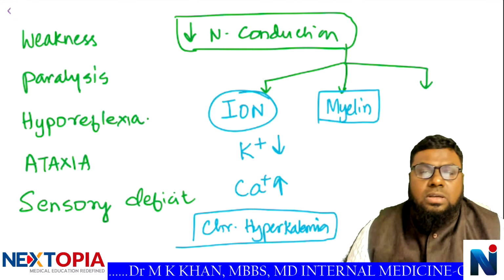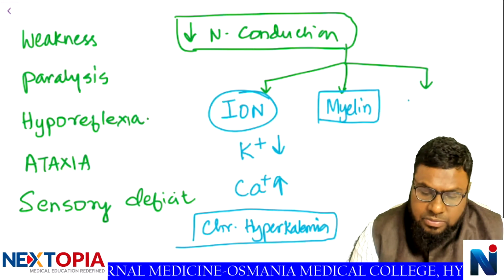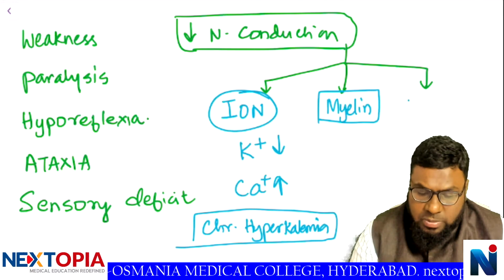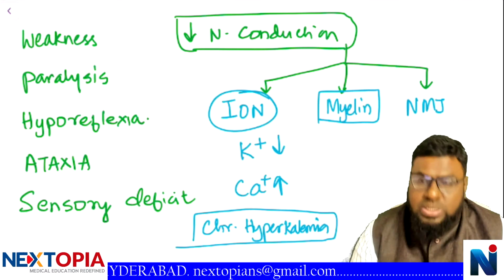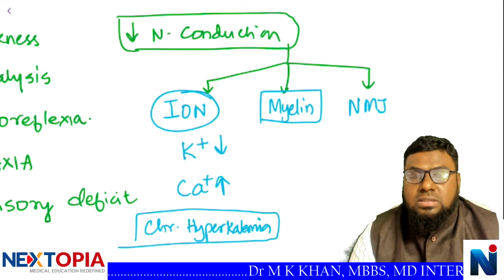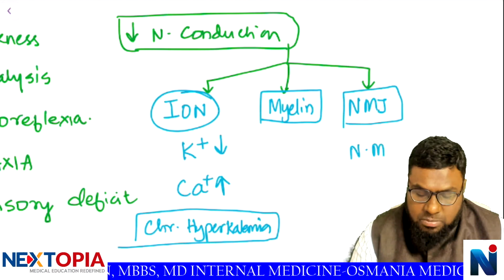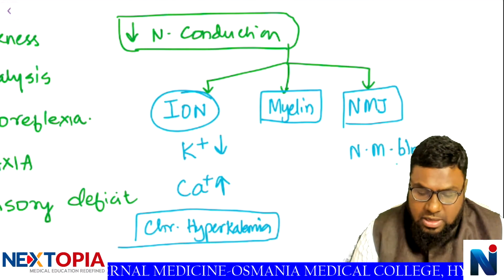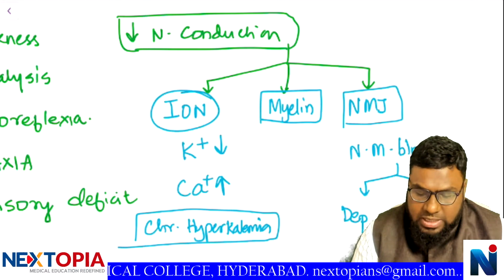All right. Next, certain problems at the neuromuscular junction. For example, the patient is using certain drugs. We call them neuromuscular blockers. They can be depolarizing blockers and non-depolarizing type of blockers.